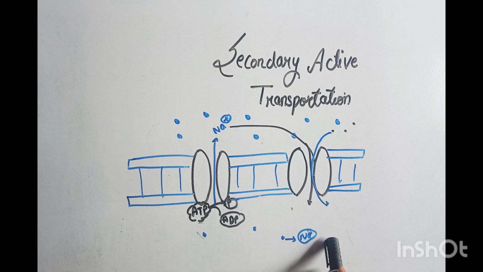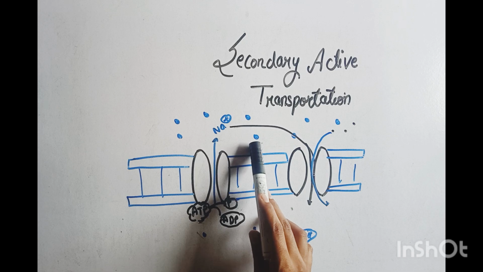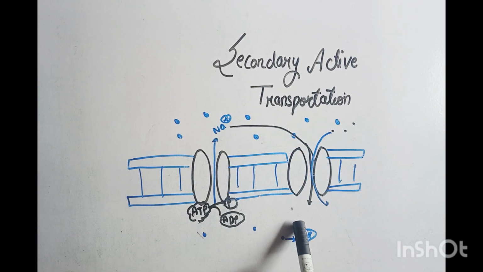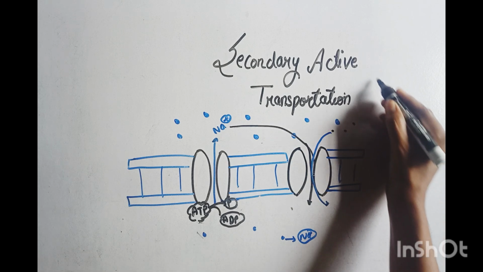In this condition, the sodium ionic concentration gradient is used to transport another substance from low concentration to high concentration. So this is secondary active transportation, where we use the ionic concentration gradient, such as sodium or H plus ionic concentration gradient.